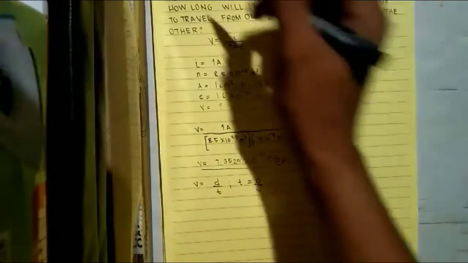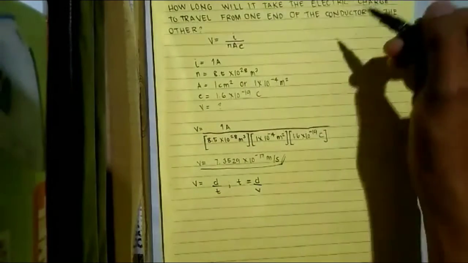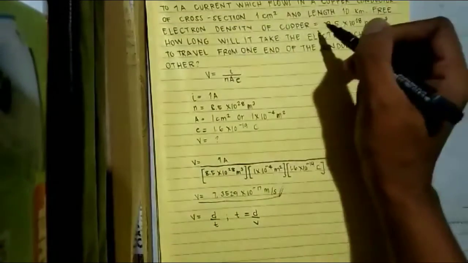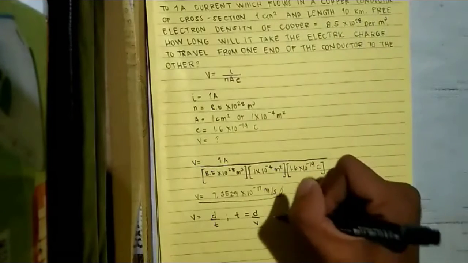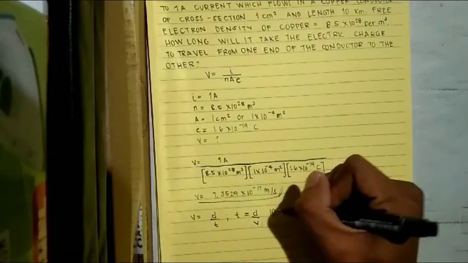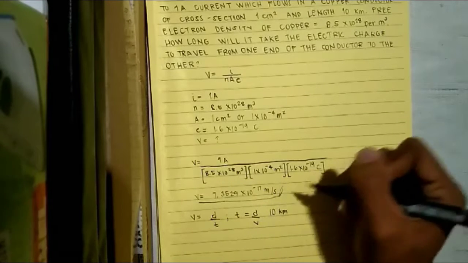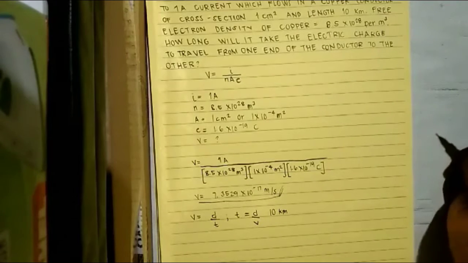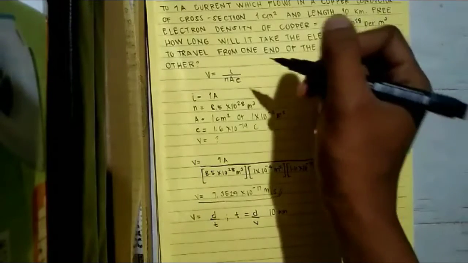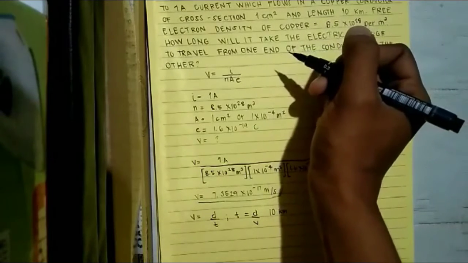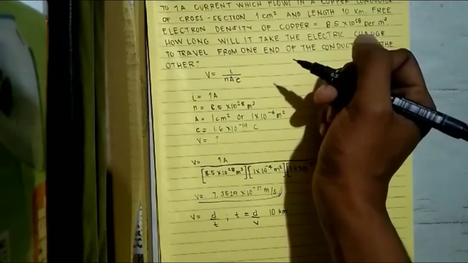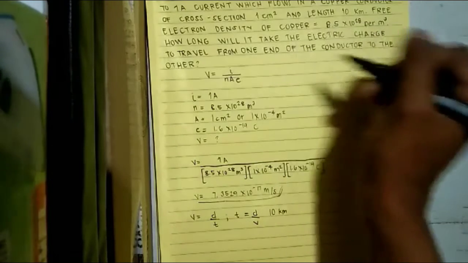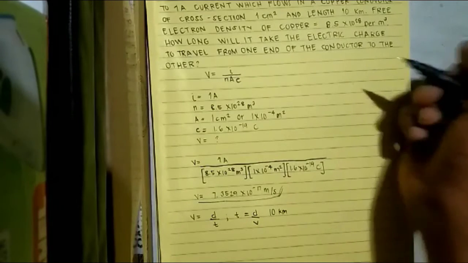So, sa problem naman natin ay binigay naman yung distance na 10 km. So, kukunin natin 10 km. At dahil nga more in meters tayo, itong topic na to, ay i-convert natin ang kilometer into meter.